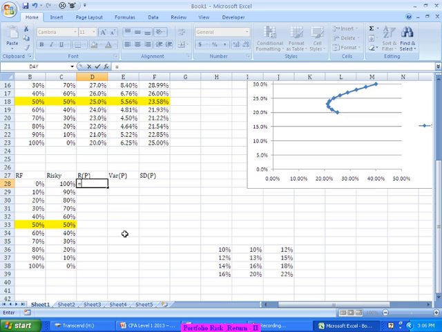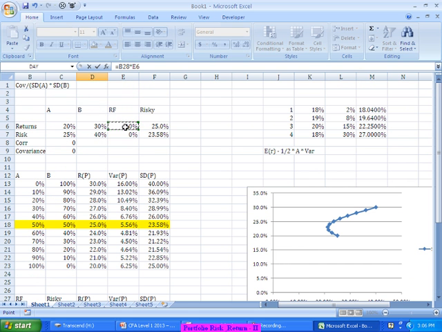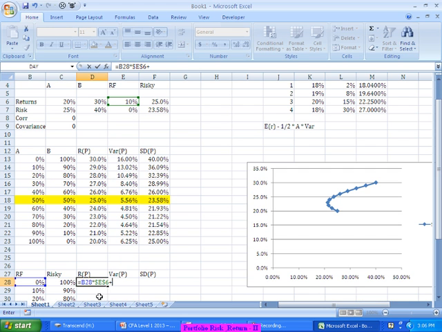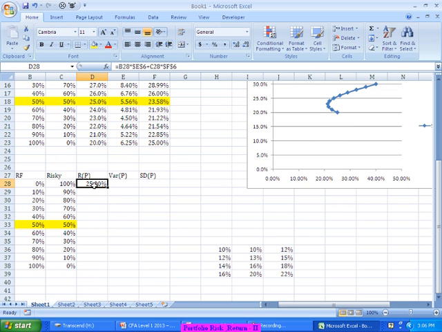The same formulas, right? W1, R1, where R1 is risk-free here, plus W2, R2. This is the expected return. So the expected return is going anywhere from 10 to 25%.